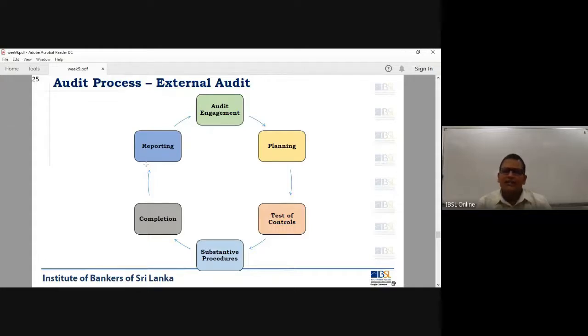So this is the audit process in external audit. First the audit engagement happens, then the audit plan, then testing of controls and substantive procedures, then completion, and finally they will report. So this cycle will continuously happen.